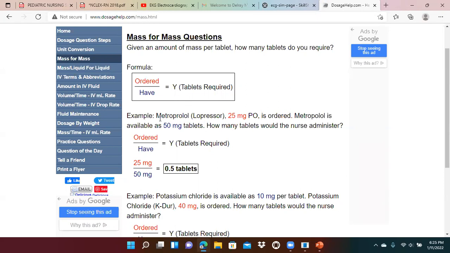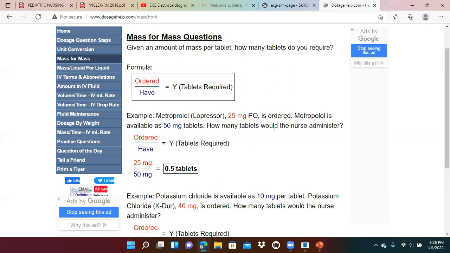Example, metoprolol. It is a hypertensive medication. The doctor prescribed 25 milligram orally. Metoprolol is available as a 50 milligram tablet, but the doctor gave 25 milligram.